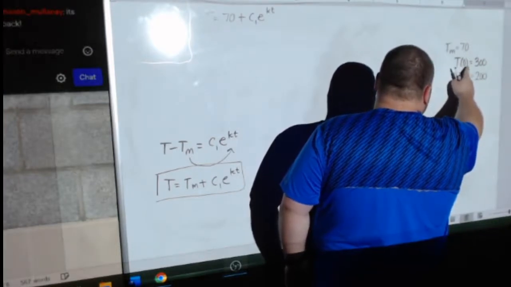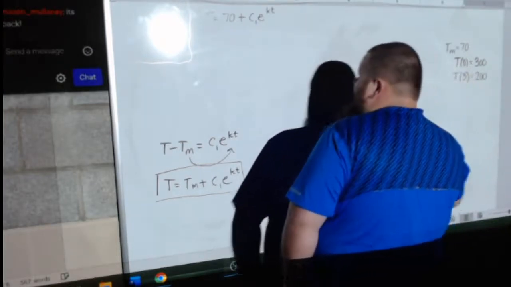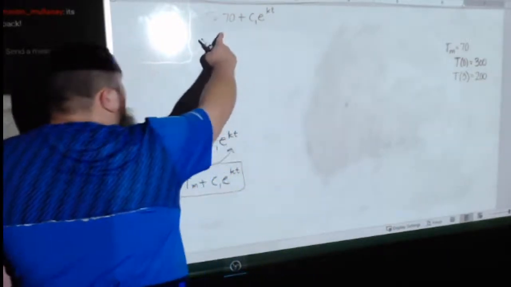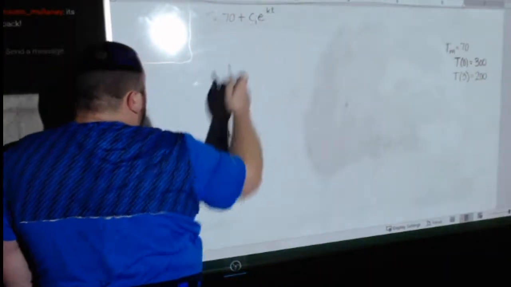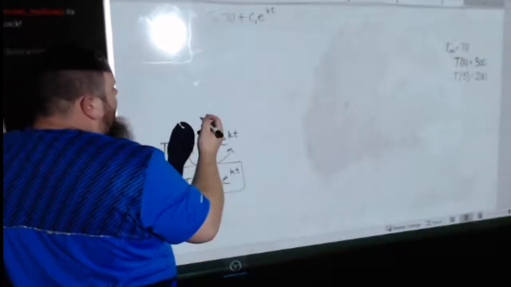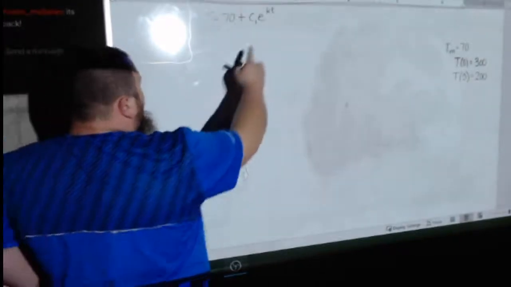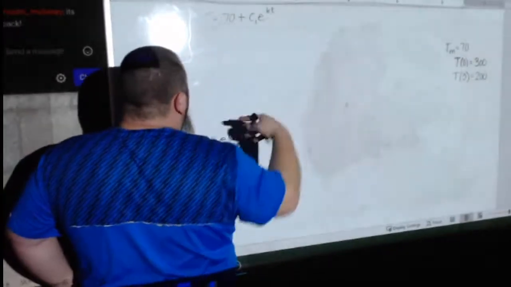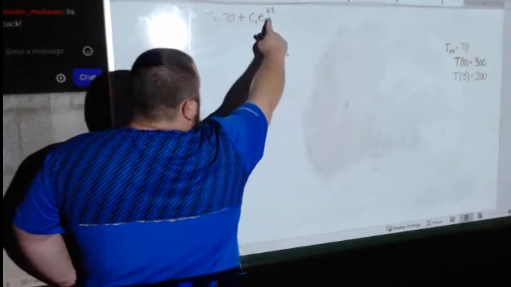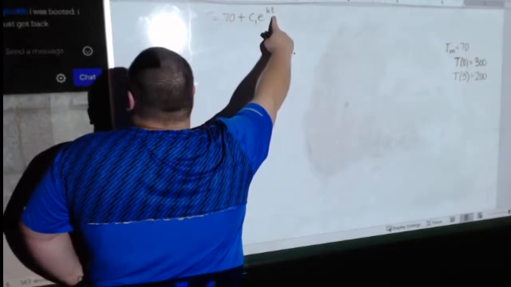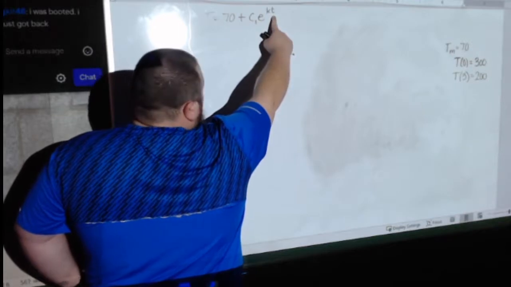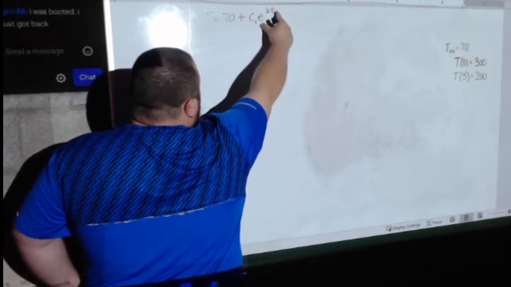We want to use the one that's 0 first, and we have to do that because we have only one equation and two unknowns, c and k. So to solve for them, we have to get rid of one. To do that, if I plug in t equals 0, then this term goes to 1.